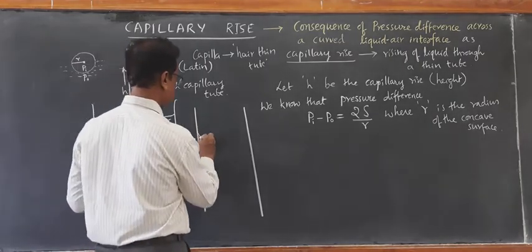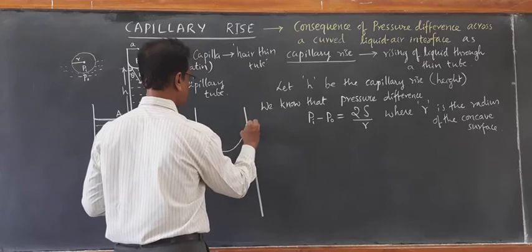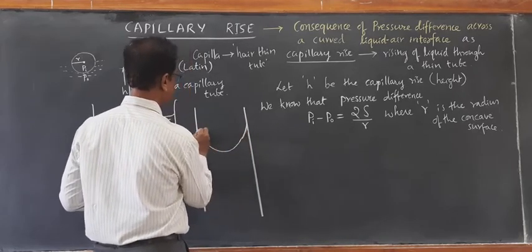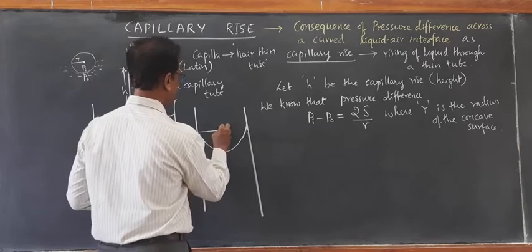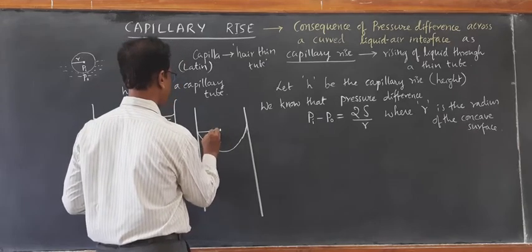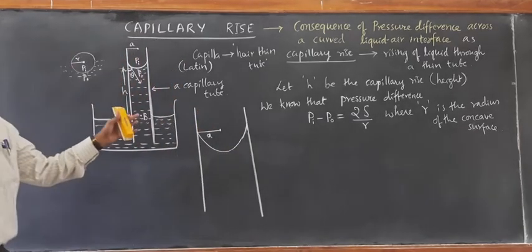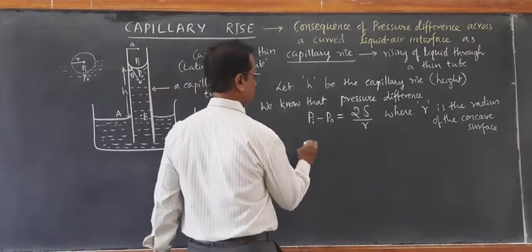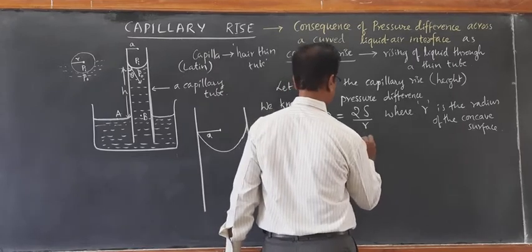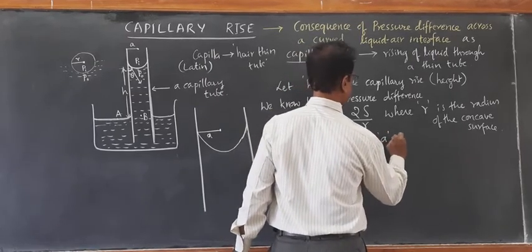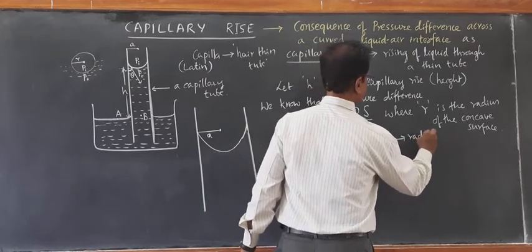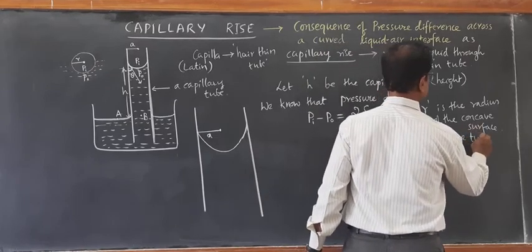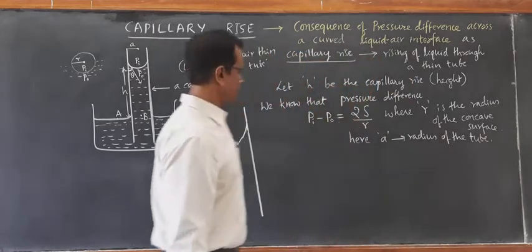This is the concave surface and this is the radius a. a is the radius of the thin capillary tube.